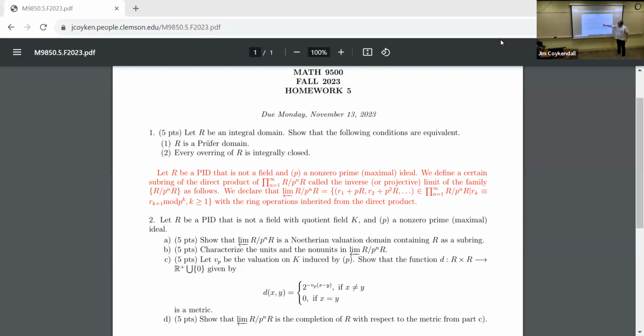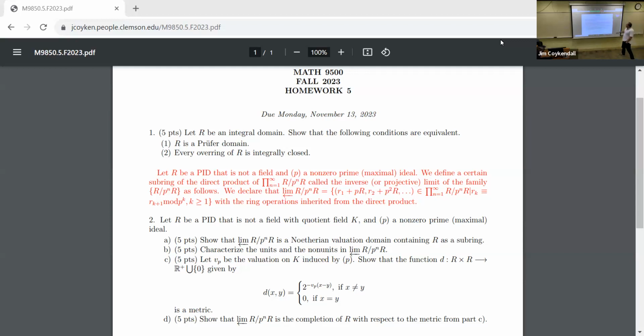It's all the cosets from the direct product such that if you have rk plus P to the k and r(k+1) plus P to the k+1, then rk and r(k+1) have to be equivalent mod P to the k. So you can't just have complete freedom.